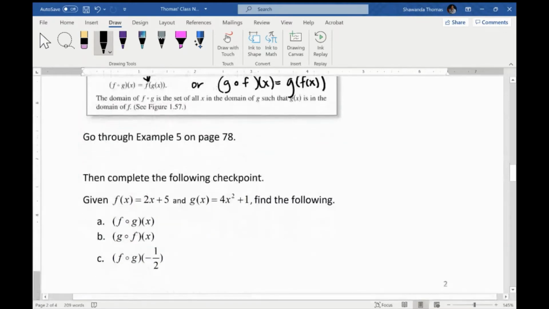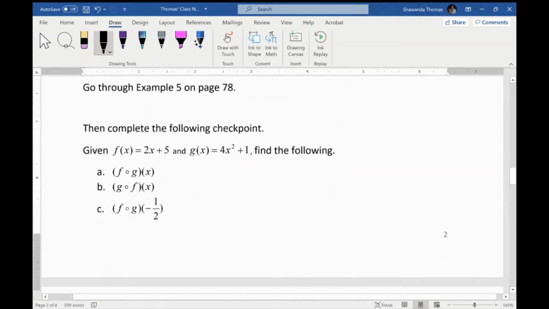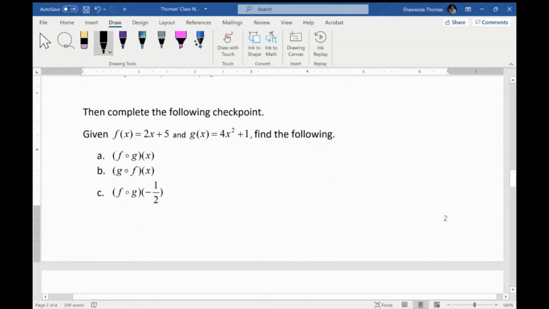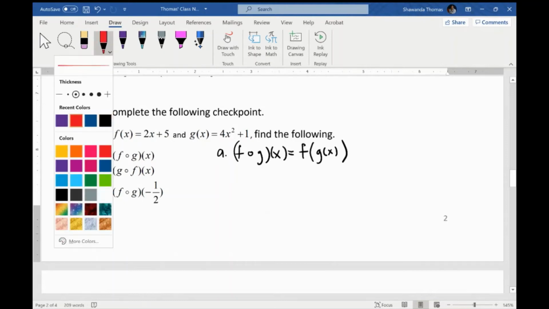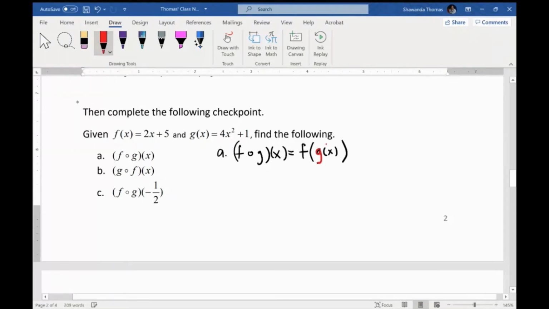Let me show you what it means when you're finding the composition. Let's look at A. Given f of x equals 2x plus 5 and g of x equals 4x squared plus 1, find the following. So I'm going to rewrite A. This means, again, f of g of x. Notice that the inside function is g of x.